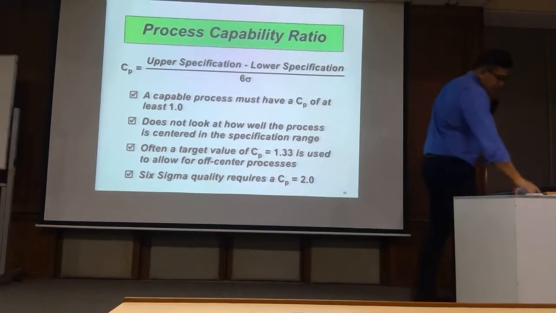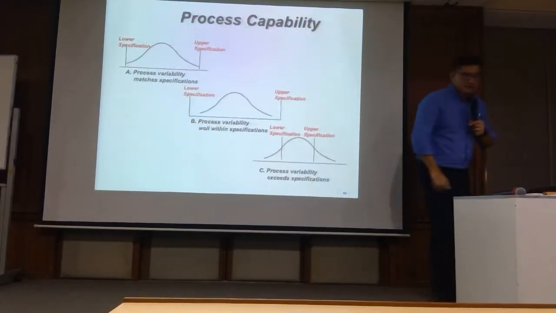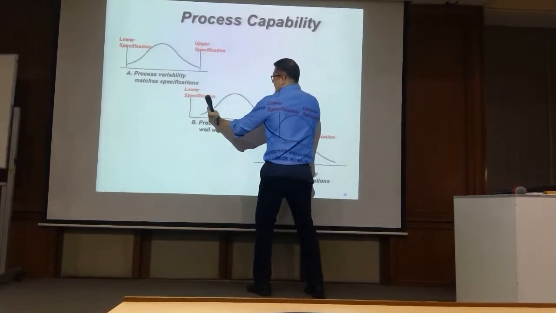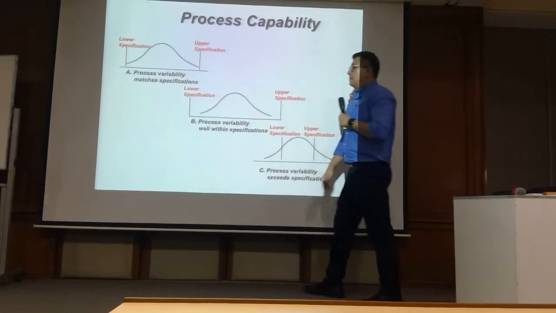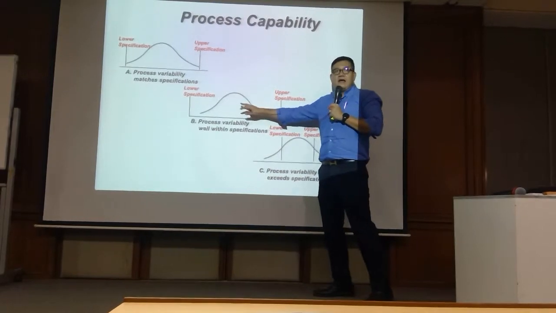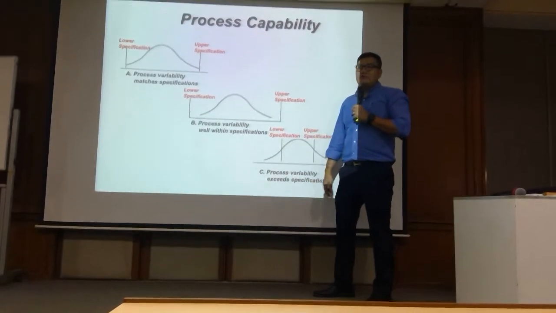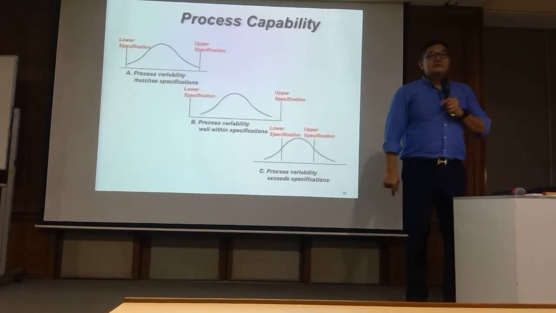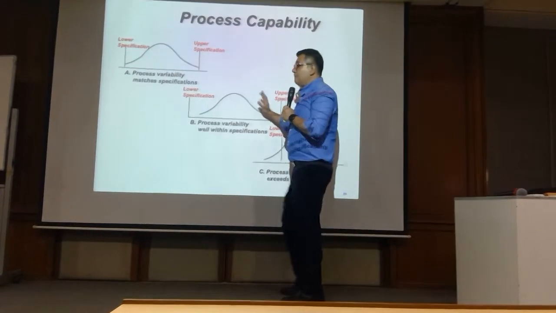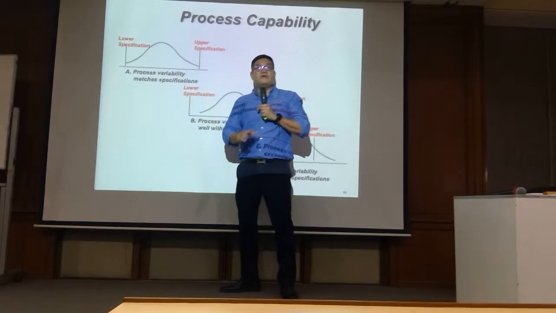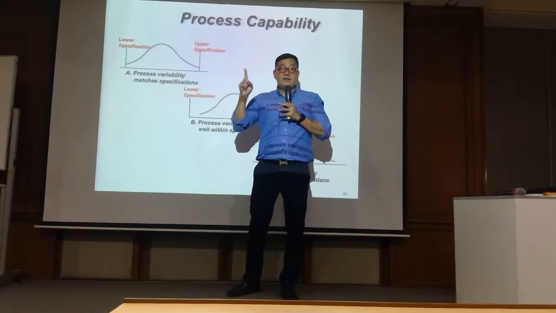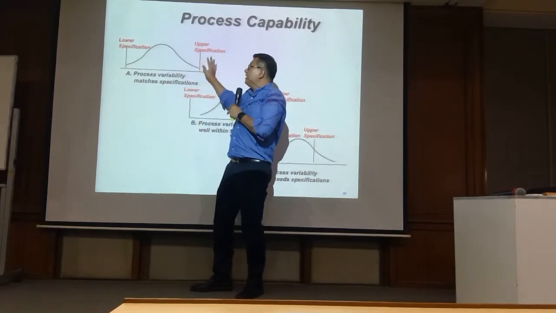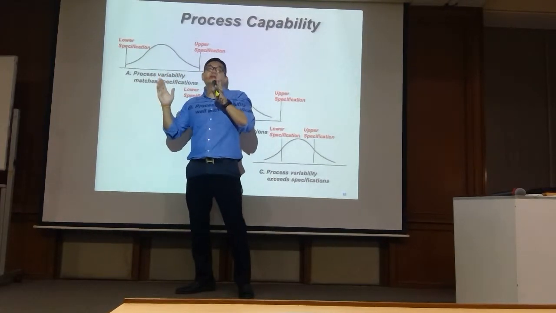We call this Cp, or process capability ratio. For figure B, you should have a ratio of more than 1. If you measure figure A the same way, Cp equals 1, because the width of the distribution and the width of the spec are equal.